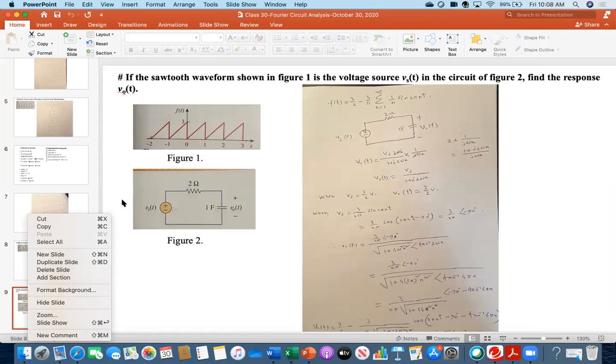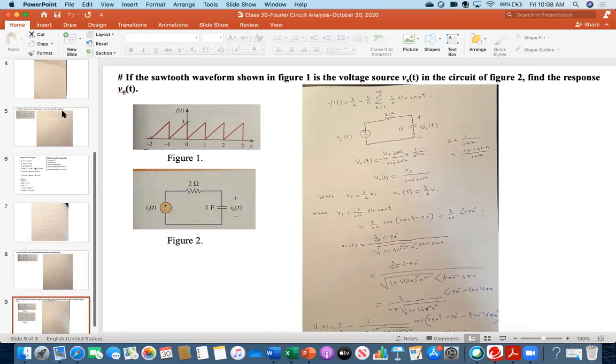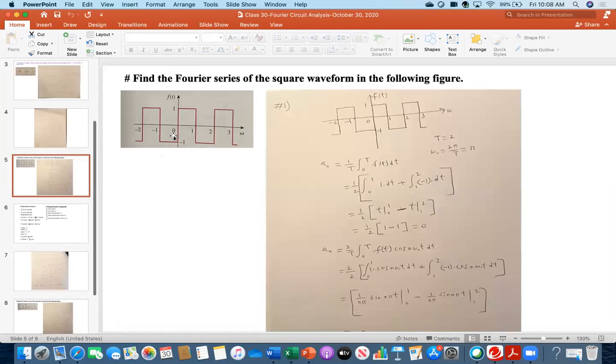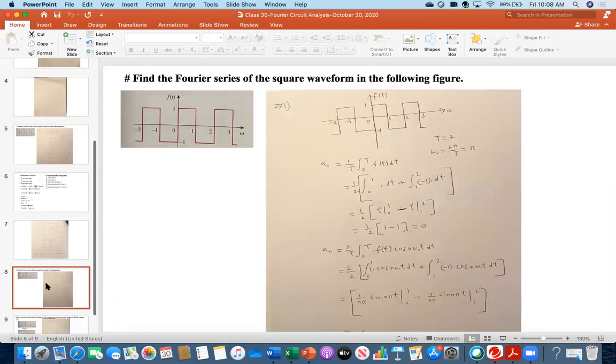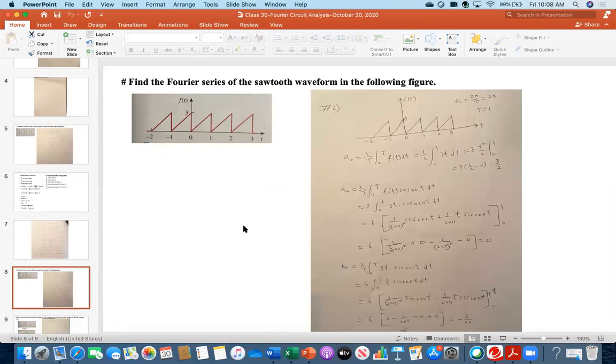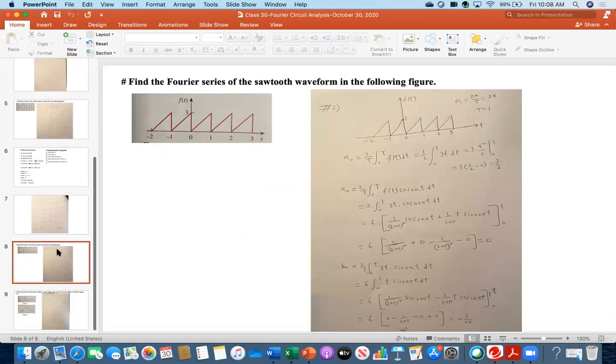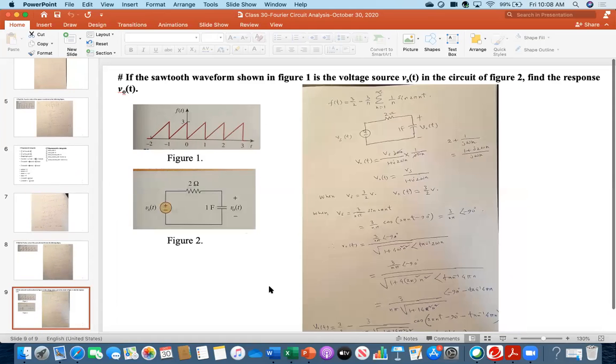So again, like in the previous two slides, there are two examples. Everybody see how to do the Fourier series. You already know it, just see my calculation and image. And this is also solved here. If this function appears here, this is the result of the previous problem.